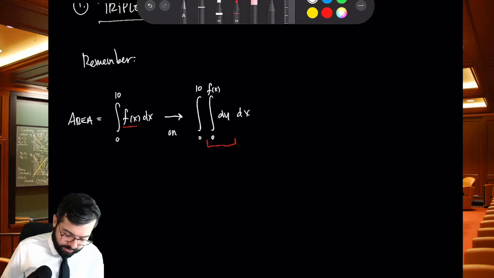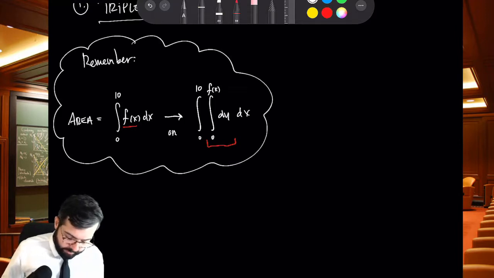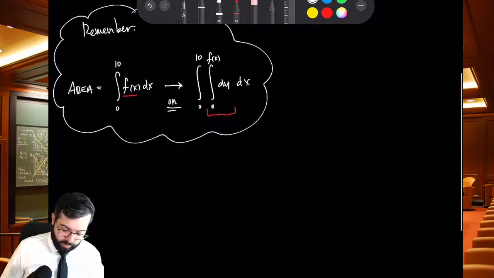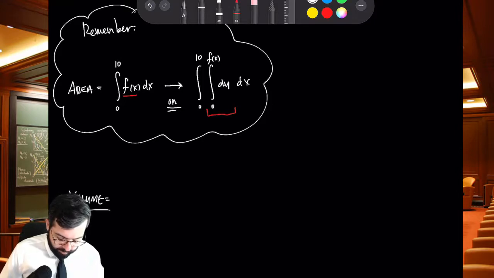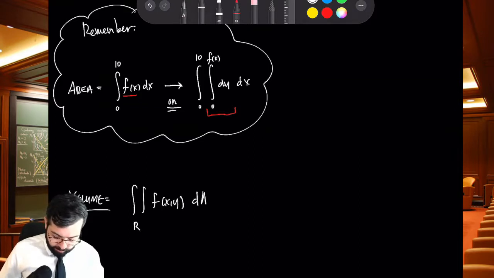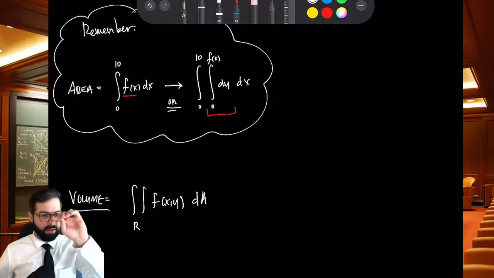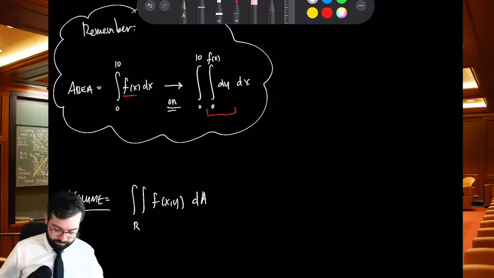So in this same vein, the idea was that we could swap this out. In the same vein, we've been playing with volume problems with double integration. We've been taking the integral on this region R. f gives us the height, and then we have the area element. So we've got the height times the area, and that gives us the volume.